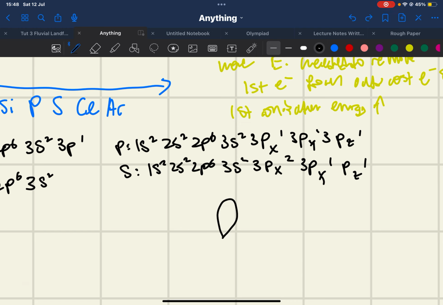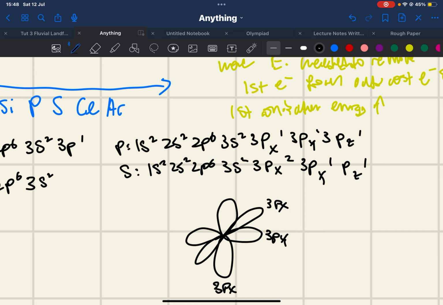This is not the best drawing. Pardon me, because I'm not taking A levels. Sorry. You are taking A levels, not me. Okay, so anyways, it's like that. So you always have to label 3px, 3py, 3pz. So this you don't have to draw in exam. They will ask you to draw this, but they probably won't ask you to explain. But if they do, then good for you.